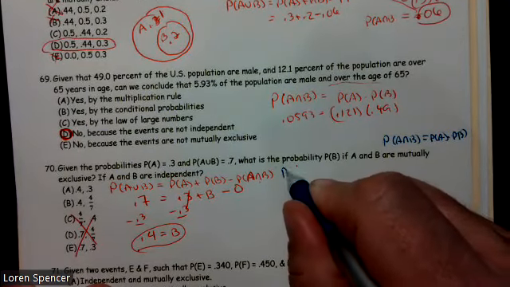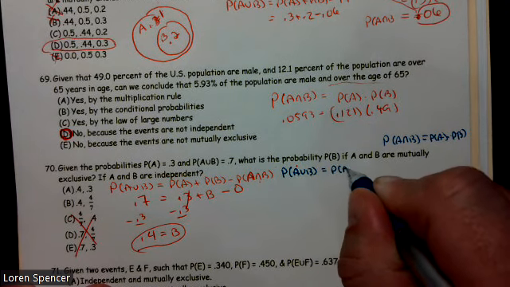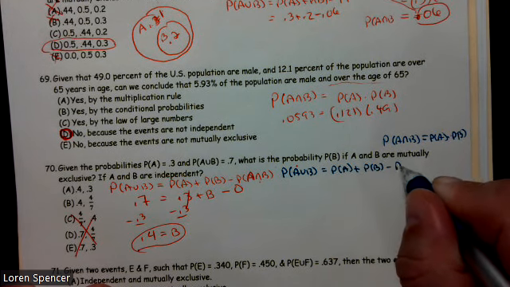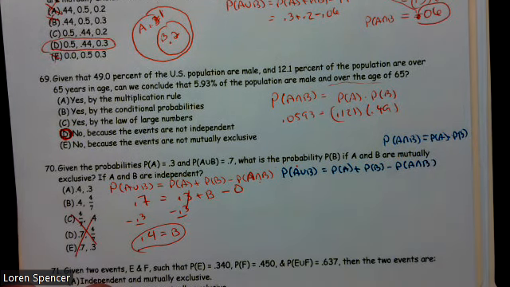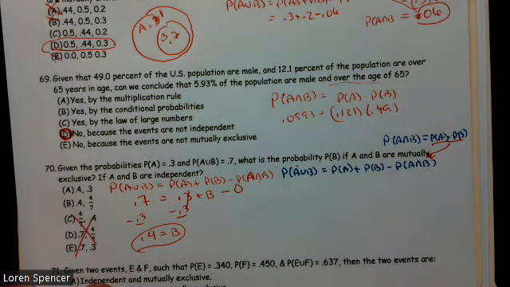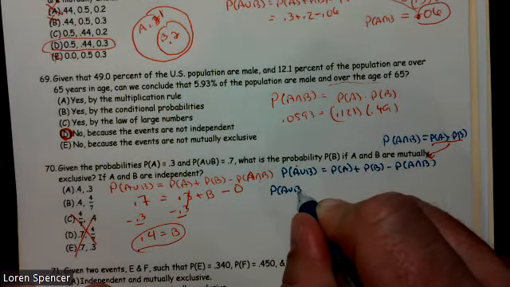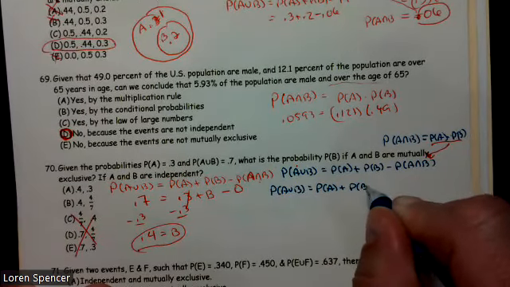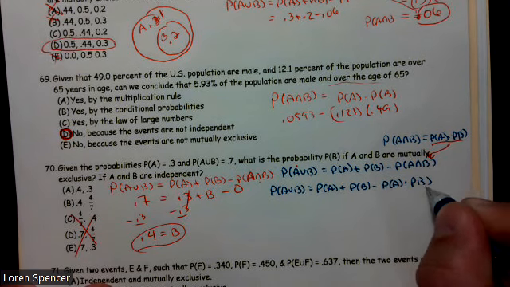Our general addition rule is the probability of A union B equals the probability of A plus the probability of B minus the probability of A and B. But I can substitute this right here. If I do that, now I have the probability of A union B equals the probability of A plus the probability of B minus the probability of A times the probability of B.